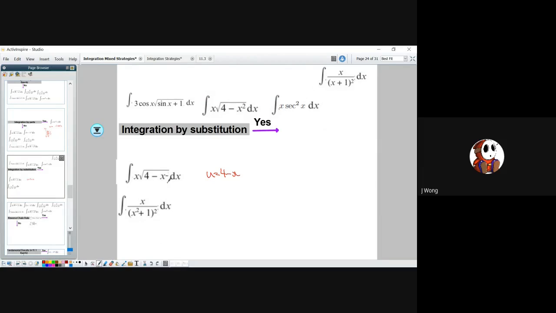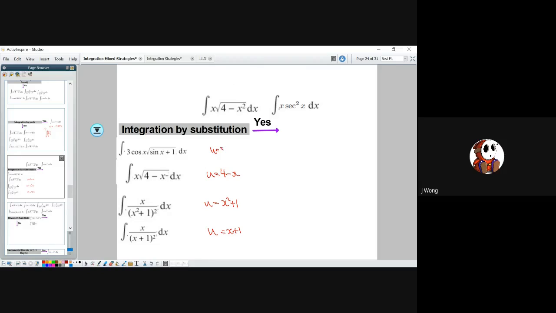So for this one, again, u will be x squared plus 1. And for the third one, you will always try with the bottom or with the one inside the power bracket. So u is x plus 1 here. And then for the trigonometry one, u will be within, again, the square root function.